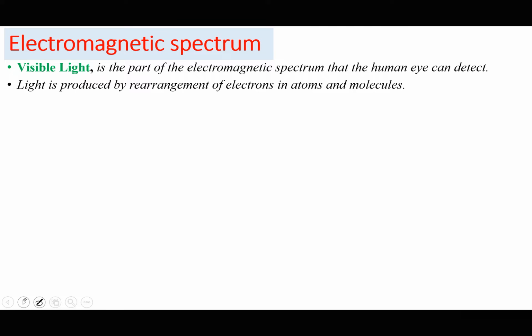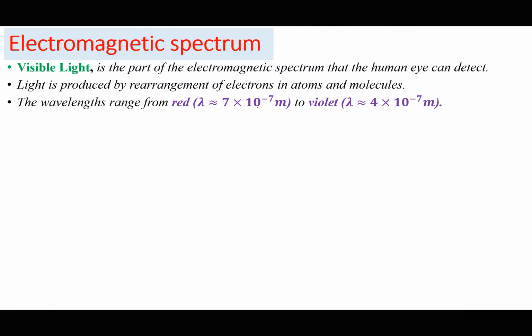The wavelength of visible light ranges between 7 times 10 to the power of -7 meters up to 4 times 10 to the power of -7 meters. Now, this range of visible light is the most important one because it is going to help us to estimate the wavelengths of all the other regions. 7 times 10 to the power of -7 is the same as 700 nanometers, and 4 times 10 to the power of -7 is the same as 400 nanometers.